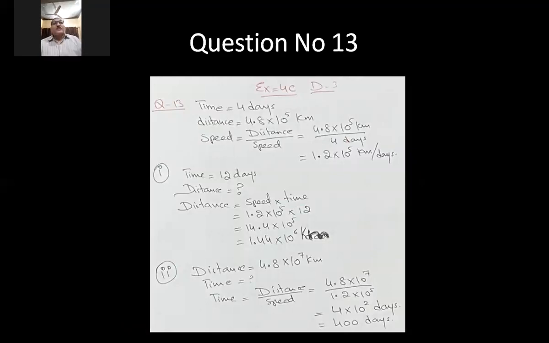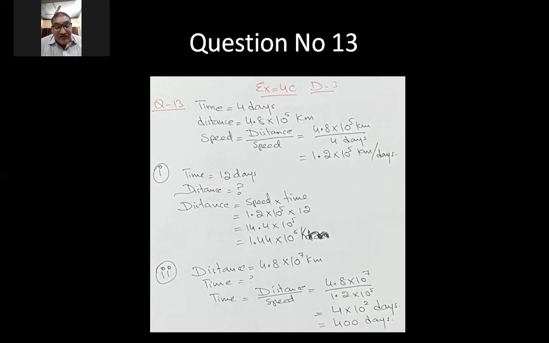So the next question is question number 13. He says, on a journey from the planet P to Venus, a rocket is traveling at a constant speed. During this journey, the rocket travels past the moon in 4 days. The distance from planet P to the moon is 4.8 expo 5 kilometer.